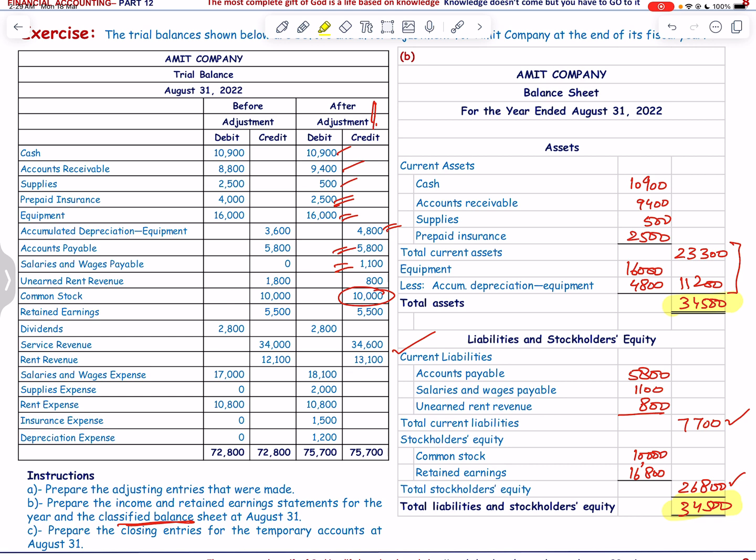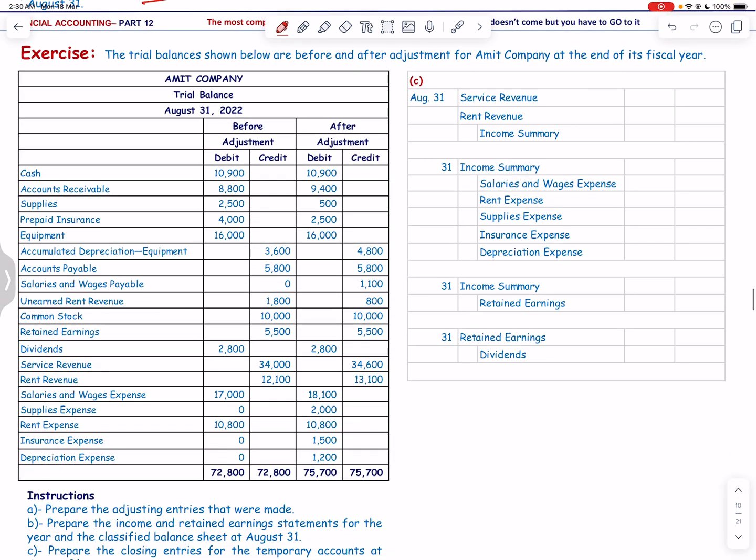Next, we have to prepare the part C, and we have to prepare the closing entries. And to close the entries, we close all the temporary accounts, that is all the revenues, all the expenses, and the dividend and the income summary. So these are the 4 accounts to be closed.